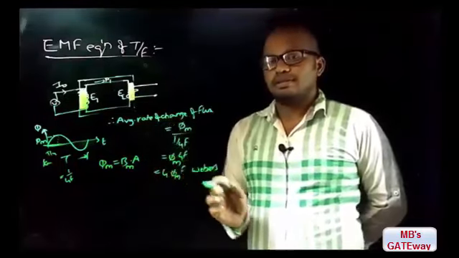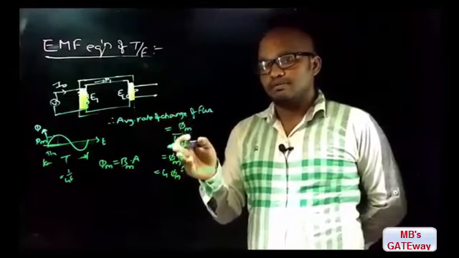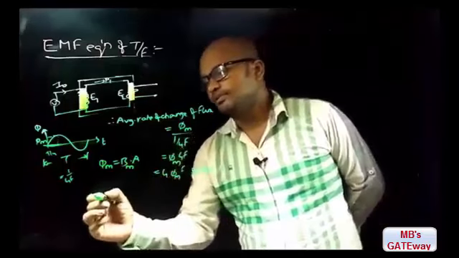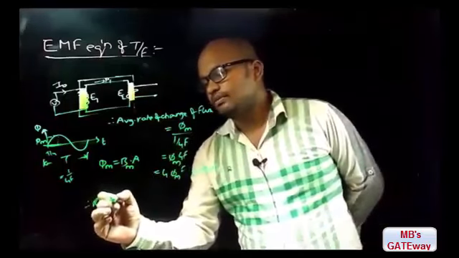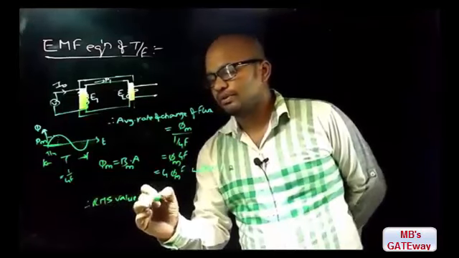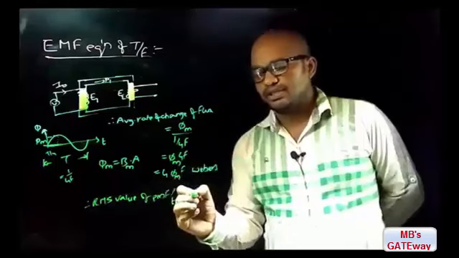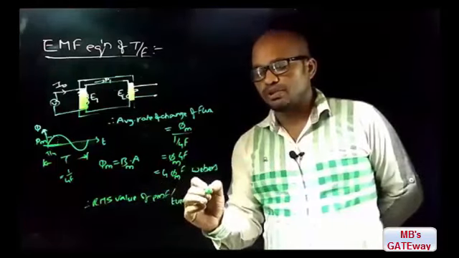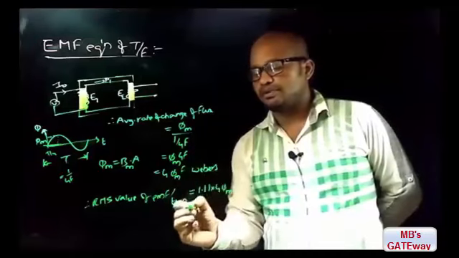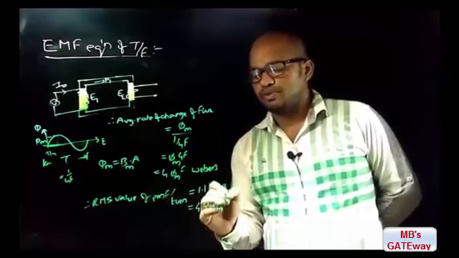As this is the average rate of change of flux, in order to get the RMS value, we need to multiply this average value with the form factor. Therefore, the RMS value of EMF per turn is equal to 1.11 into 4 phi m into f, that is equal to 4.44 phi m into f.